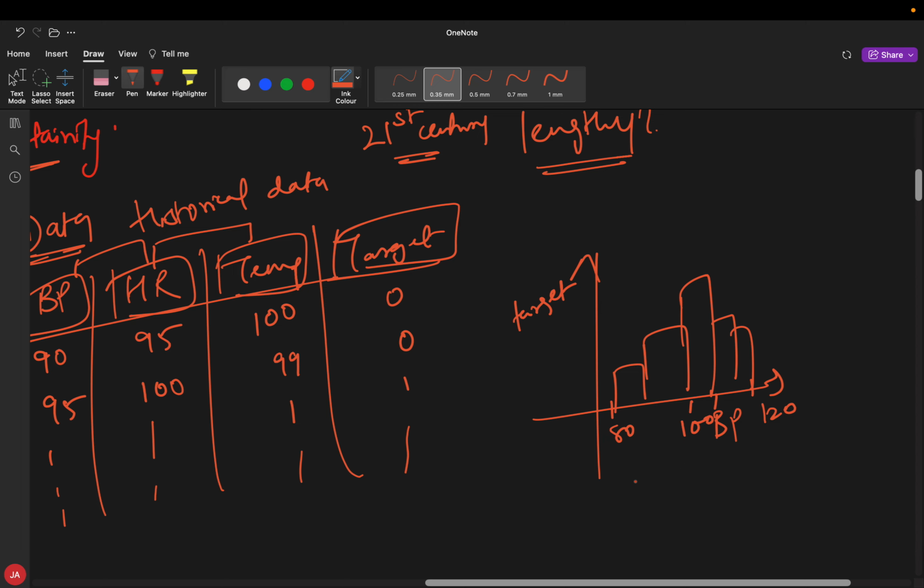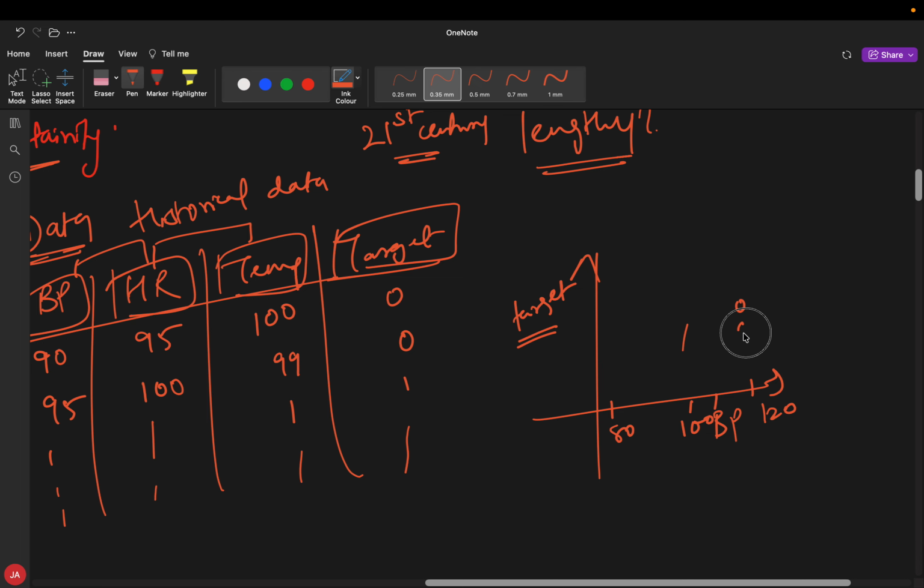Majority have a BP of 100, frequency. But we don't want the histogram plot, we want to know whether this BP range is able to segregate the target.